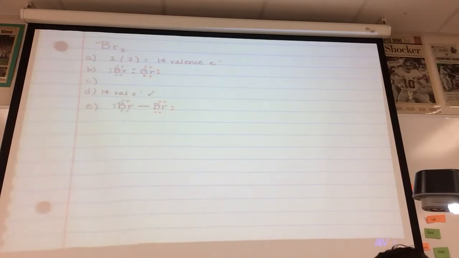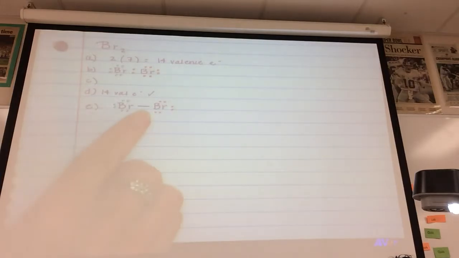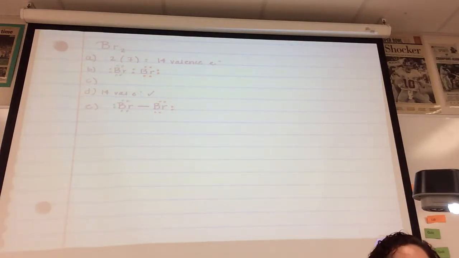The other thing I want to mention is the reason why compounds form. The line in the middle represents the shared electron pair that was between the atoms where you have 2 different colors. The reason why compounds form, the reason why ions form, is so that you will have an octet of electrons around an atom or an ion.